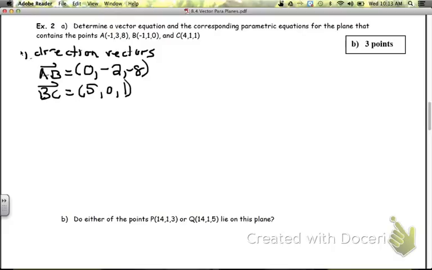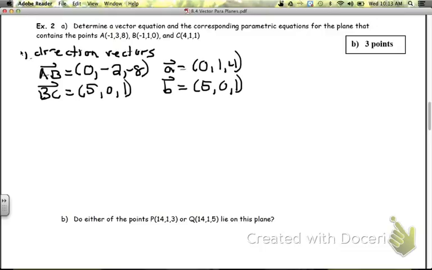So we are going to have our vector a. We're going to factor out the scalar of negative 2, and what we're left with is 0, 1, 4. Our BC was 5, 0, 1, so our vector b is 5, 0, 1.